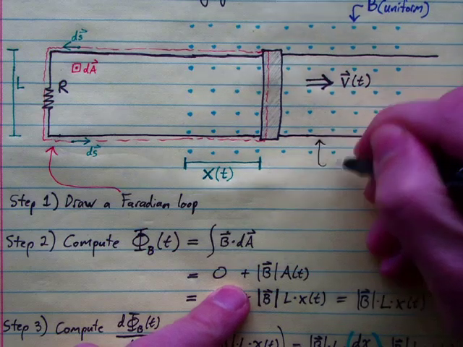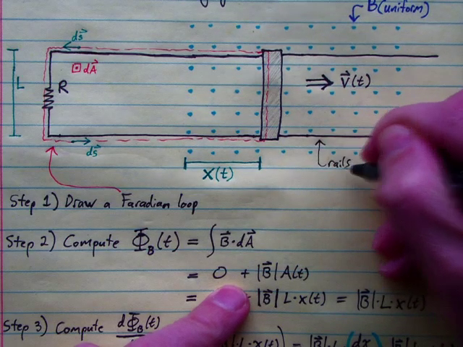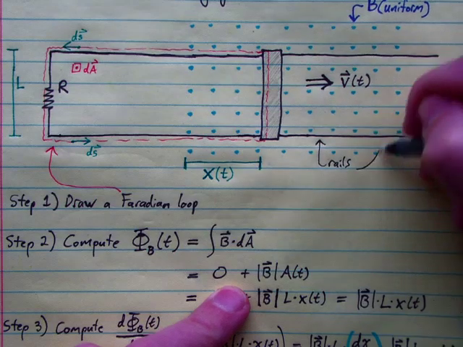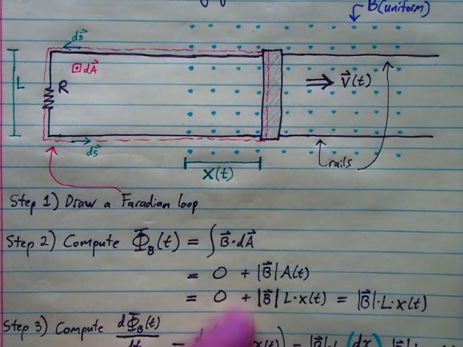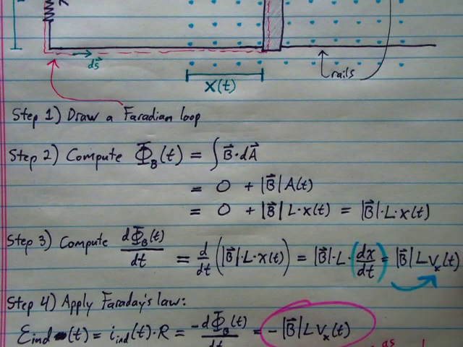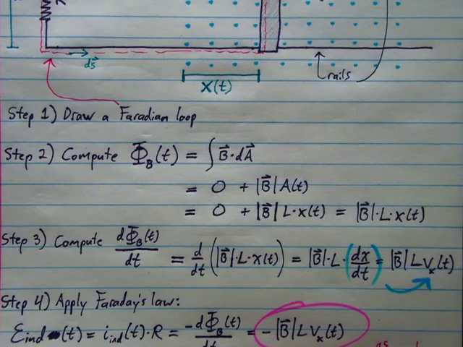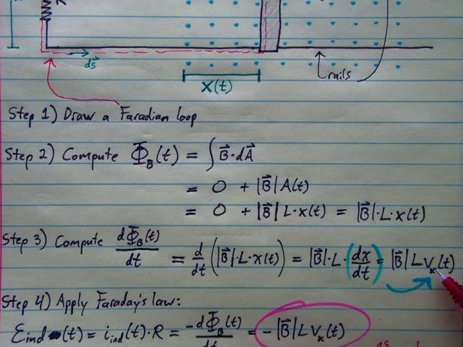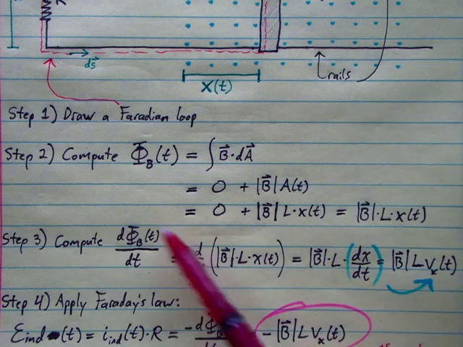These are our rails here and there. So v_x, that's dx/dt right here. So we get this expression, B times L times v, for the rate of change of the magnetic flux.